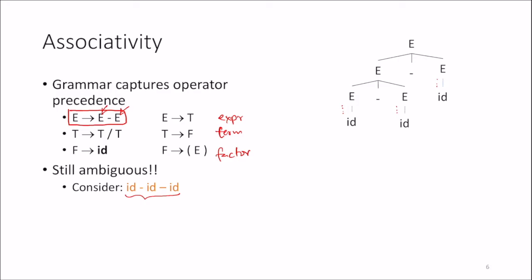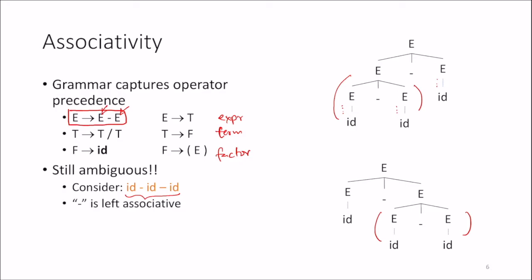So you have E minus E. You can have this left side undergo subtraction first, or you can have the right side undergo subtraction first, because both are valid according to this grammar. So the grammar is ambiguous. We know how to solve this by saying that one of these trees is what we prefer, right? So we prefer it to be left associative, let's say.